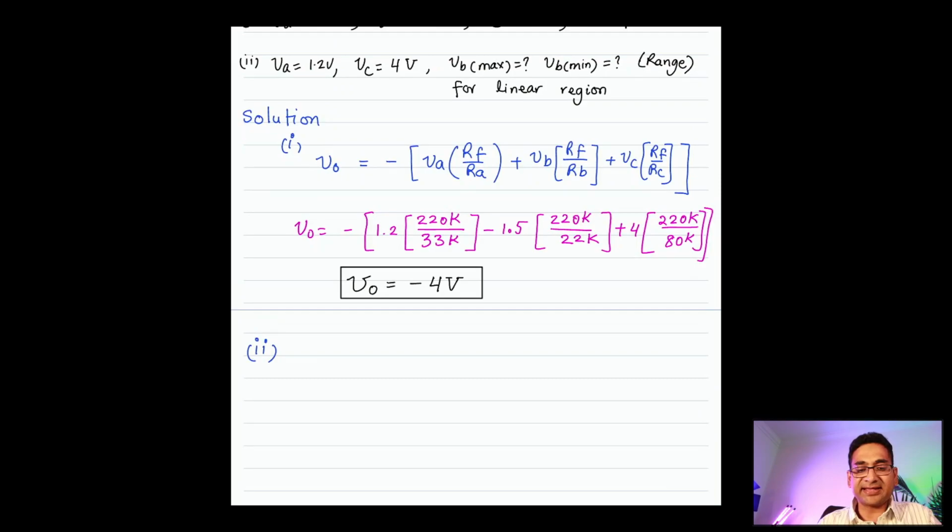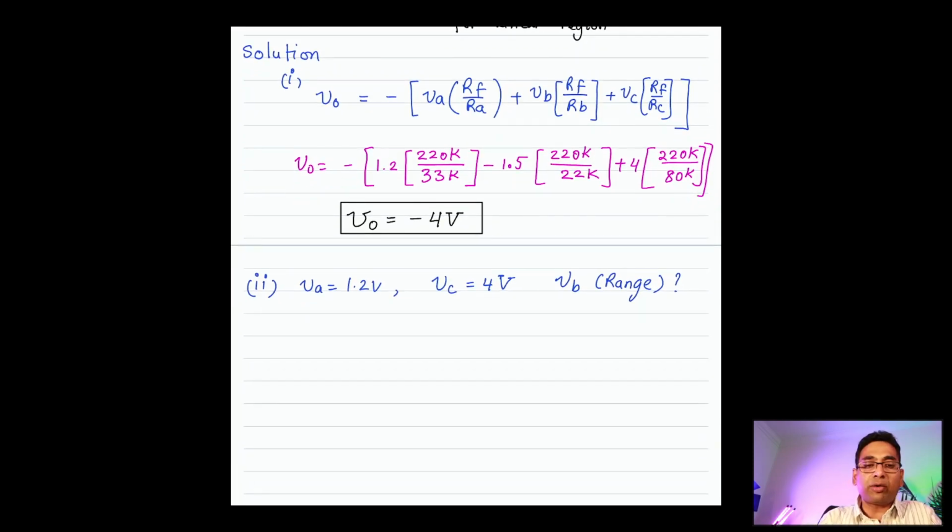Now you see VA is given. I'm going to rewrite some part of it. VA is given to be 1.2 volts. VB, we are supposed to find a range for it. VC is given to be 4 volts still. We are supposed to find the VB range, meaning VB maximum and VB minimum, so that the op amp does not saturate. So we are still going to go back to this equation.